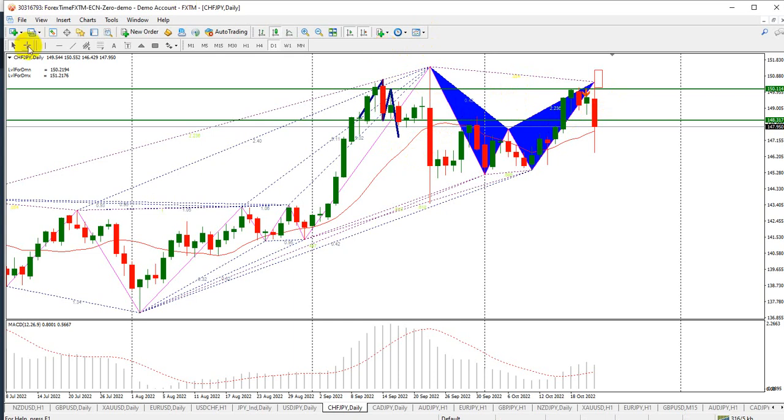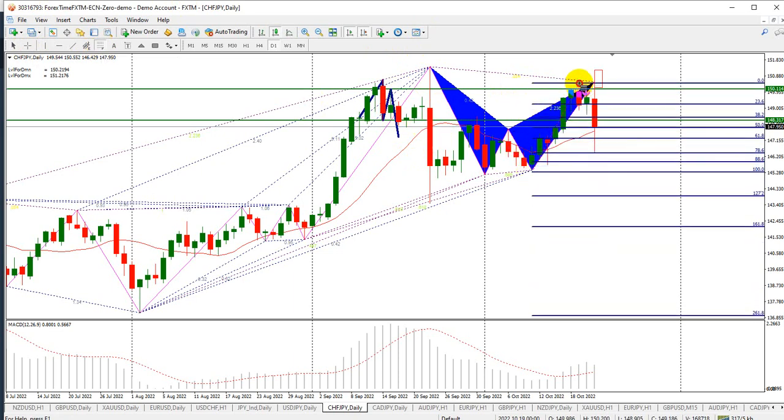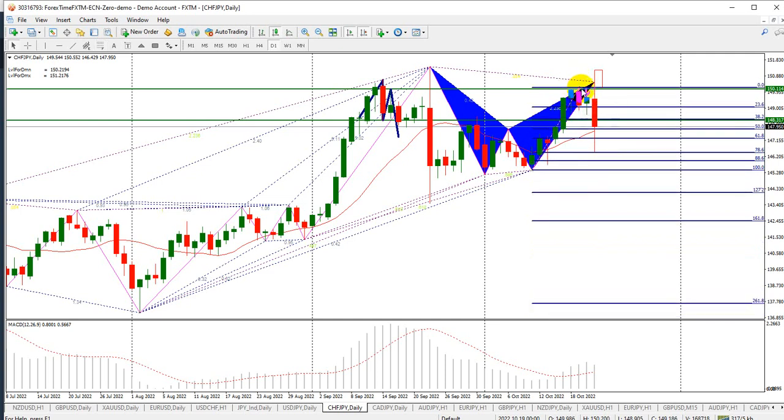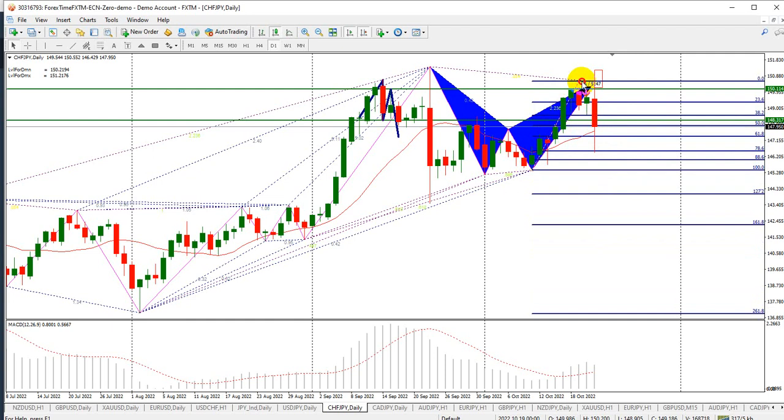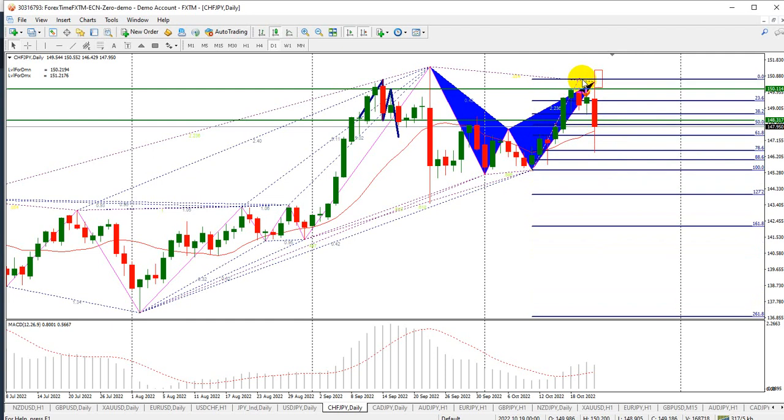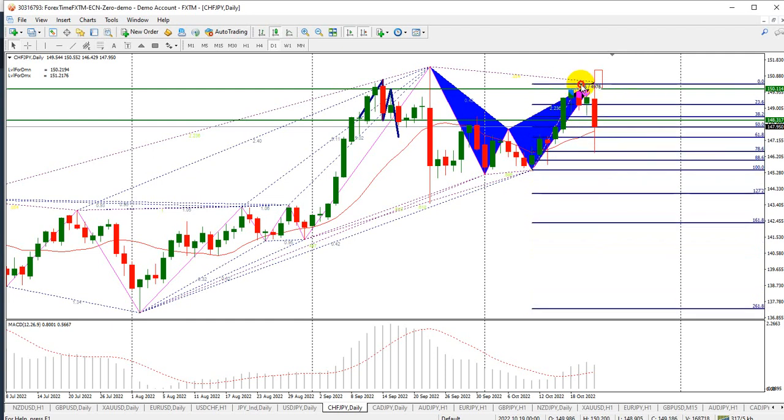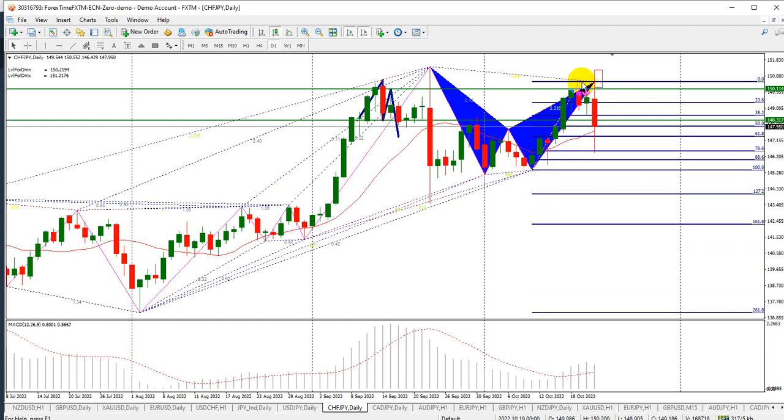So let's see how far the price actually went from the last low to the last high. So there's a good move already for CHF JPY. And I think we need to hold on when the market opens and see how the market reacts.